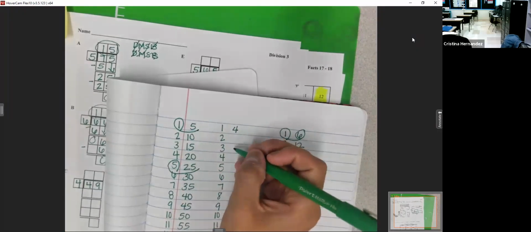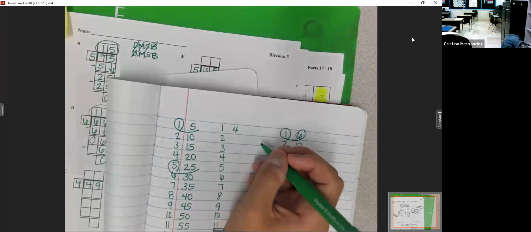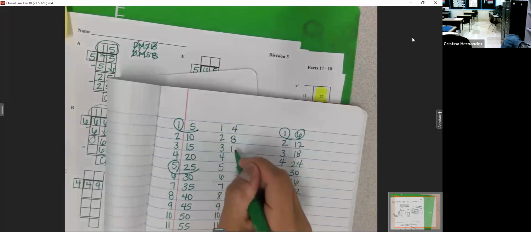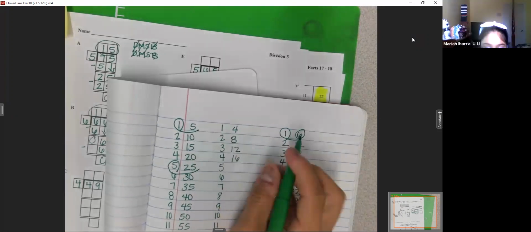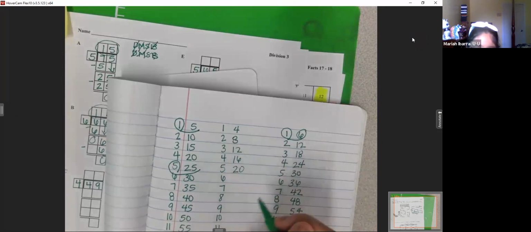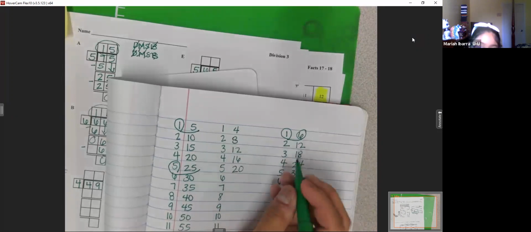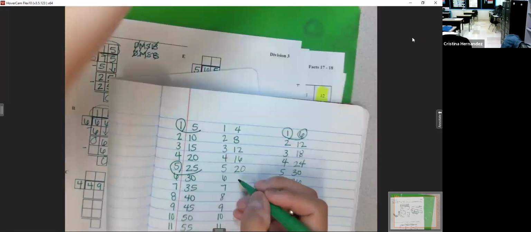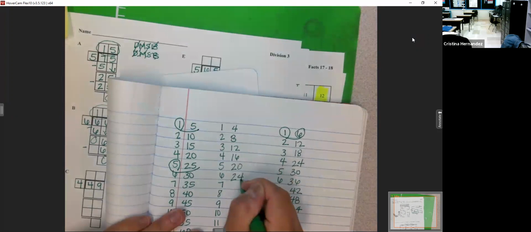The next multiple. 8, 12, then 16, then 20, 24, and then 28. Good job.